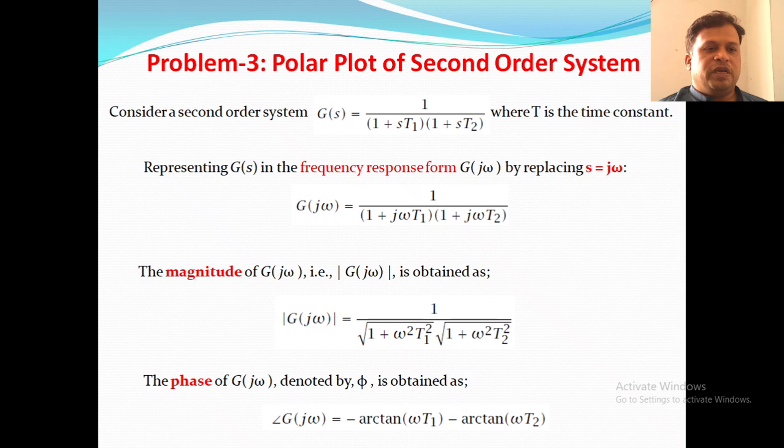The magnitude of G of j omega is obtained as modulus of G of j omega is equal to 1 by square root of 1 plus omega square T1 square into square root of 1 plus omega square T2 square. The phase of G of j omega denoted by phi is obtained as minus arc tan omega T1 minus arc tan omega T2.